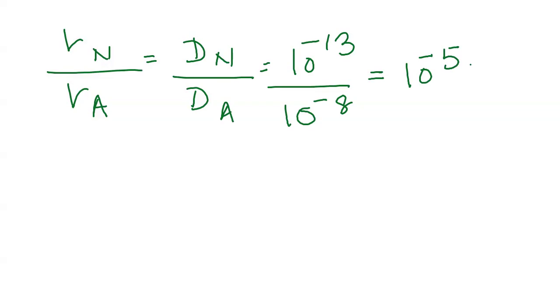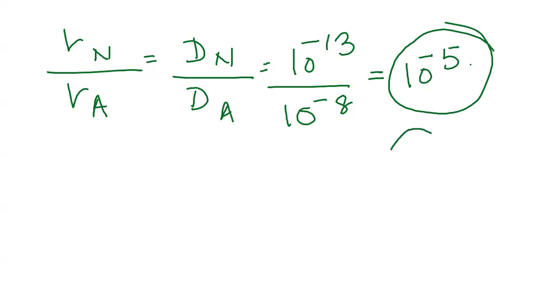So what we are seeing is that there's a difference of 10 raised to minus 5. So what does it mean? It means that the nucleus is so small. 10 raised to minus 13 is very small. So this is the ratio of nucleus to atom.